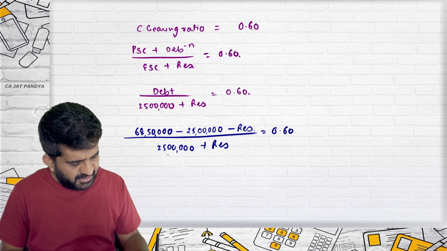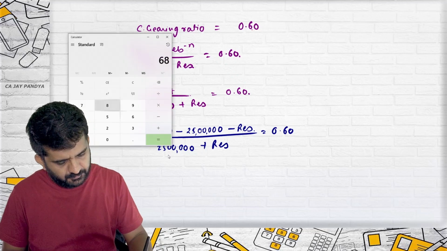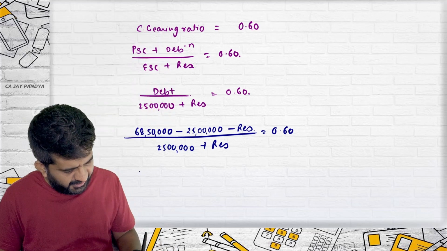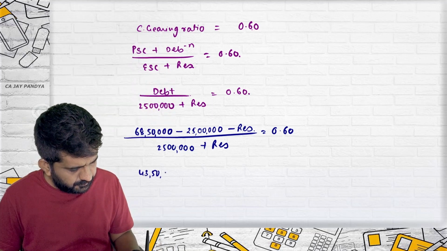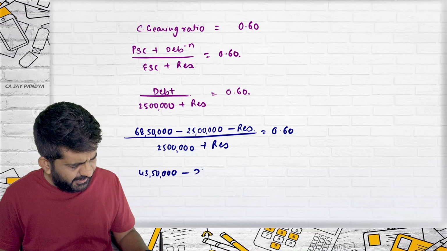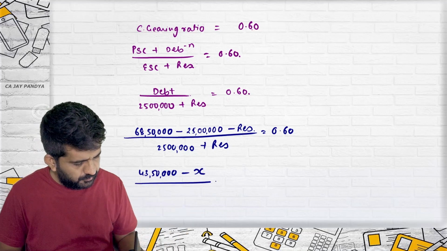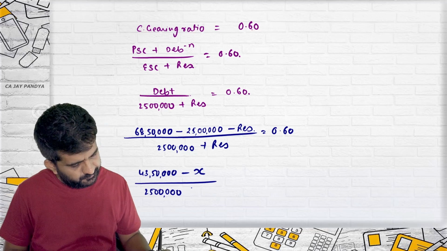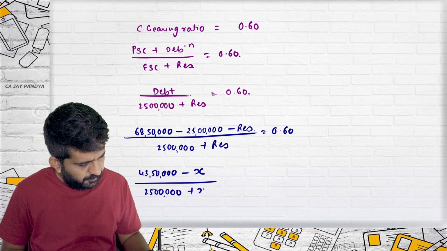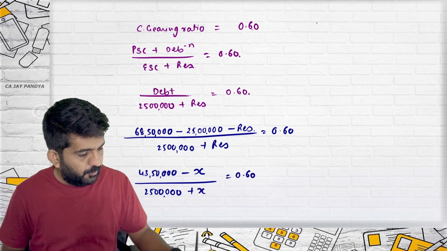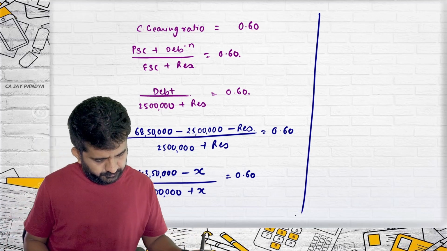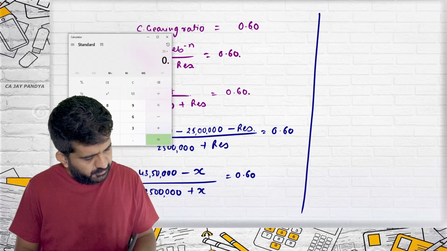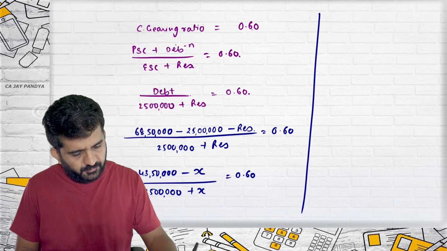68,50,000 minus 25 lakhs is 43,50,000 minus X. X is reserve, upon 25 lakhs plus X is equal to 0.60. 25 into 15 lakhs.